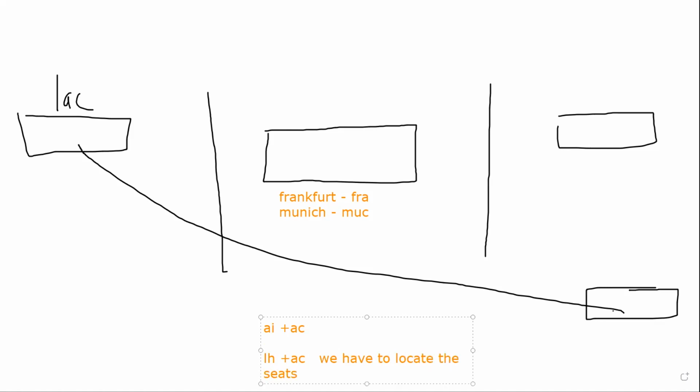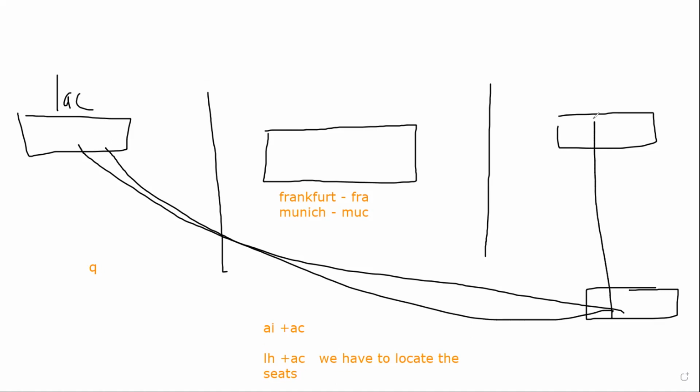the seats. Now, for example, Shalja, you know that Q class is cheaper. If you're taking the flight like that, the Q class is not available. Maybe in this sector the Q class is not available, but if you take the flight like that, in this sector the Q class is available.